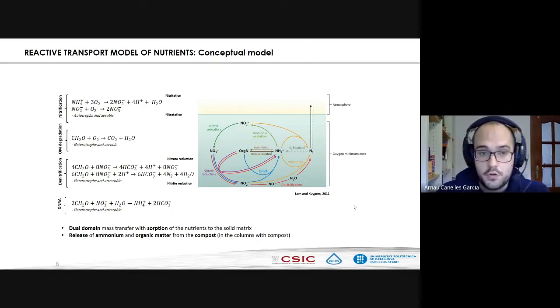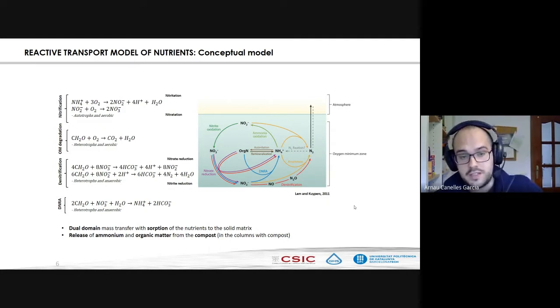first things first, for those of you who do not know what I've been working on, this project was about a set of column experiments about 30 centimeters long that tried to simulate a recharge system.